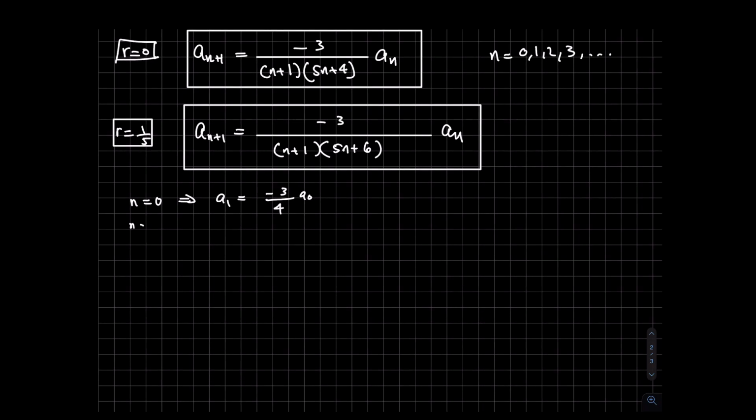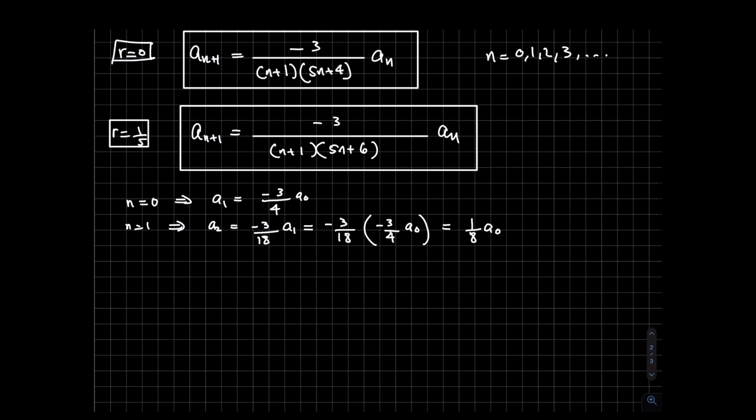If n is equal to 1, you get a2 is equal to negative 3 over 18 a1, but a1 is negative 3/4 a naught, so negative 3/18 times negative 3/4 a naught, and that becomes 1/8 a naught.